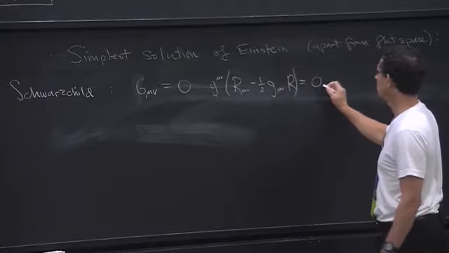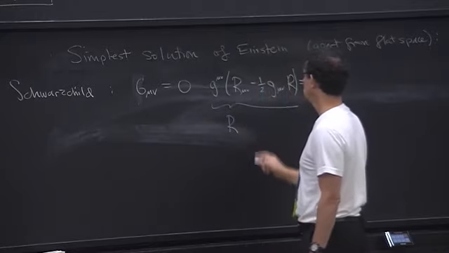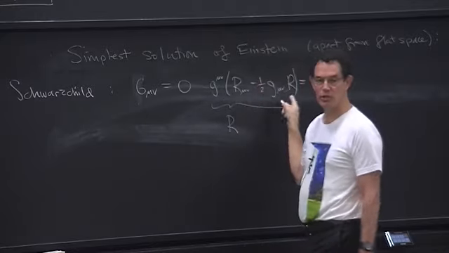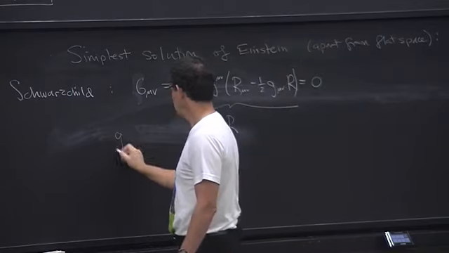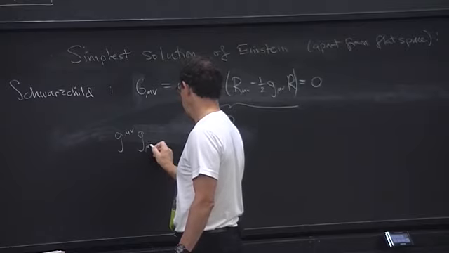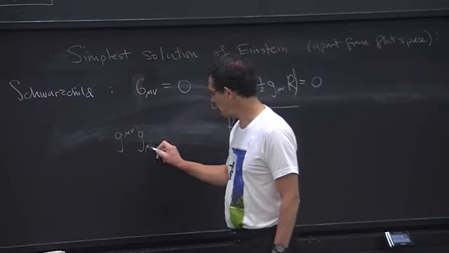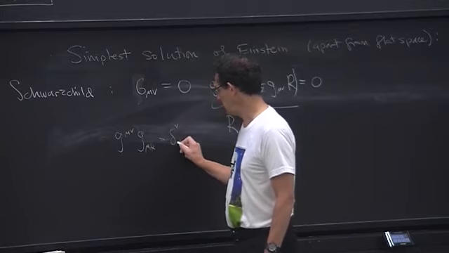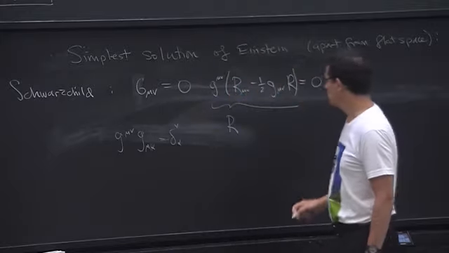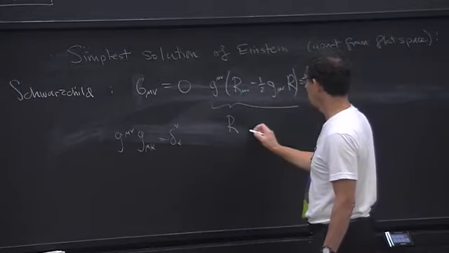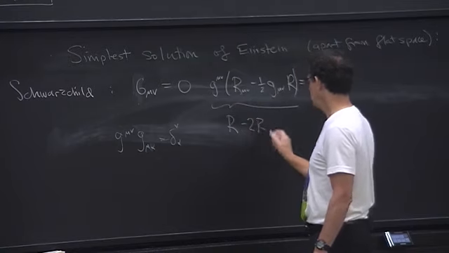The first term is equal to R. This term, now what is g^mu nu times g_mu nu contracted? It's 4, right? Because g^mu nu g_mu alpha is delta^nu alpha, and delta^alpha alpha just means you sum alpha from 1 to 4. So this is equal to 4. So what you get is R from this term, and then minus 2R from that term.